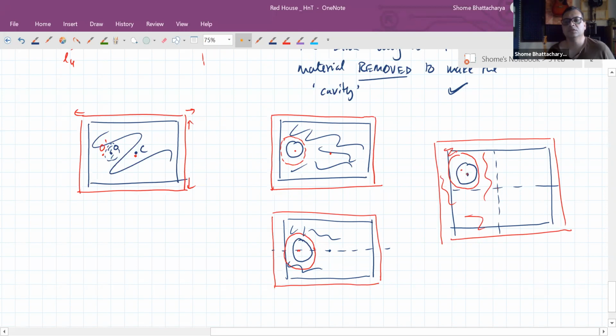So with respect to this center of mass, it has gone in this direction. You understanding the point, Amol? Okay.